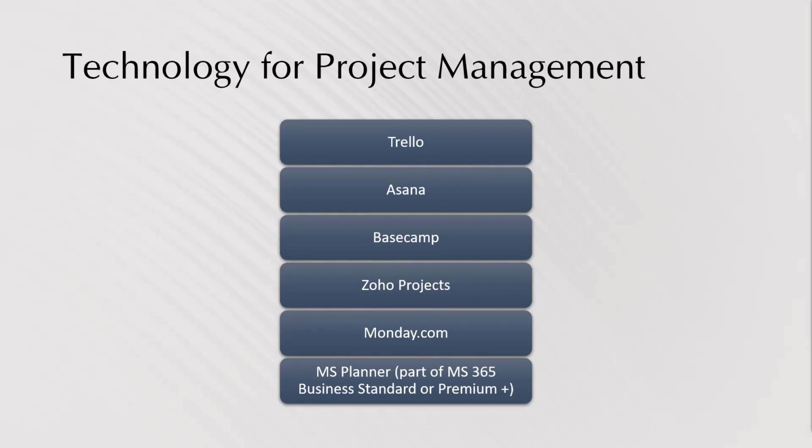Now, I will be first to say it is not as robust as some of these other tools, especially if you pay for them. So for instance, Zoho and Monday.com, I think are really good products. And they do cost a little bit of money, but they have time tracking, and they have budgeting, and they have things like that that may be really useful for you.